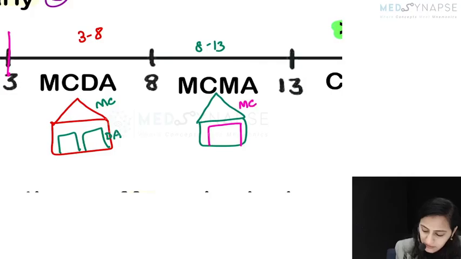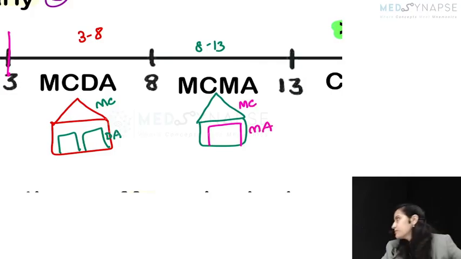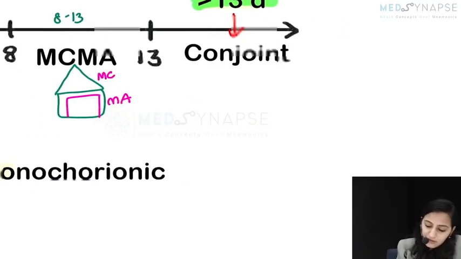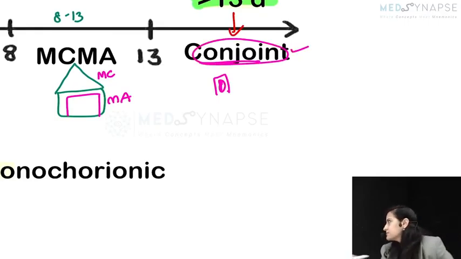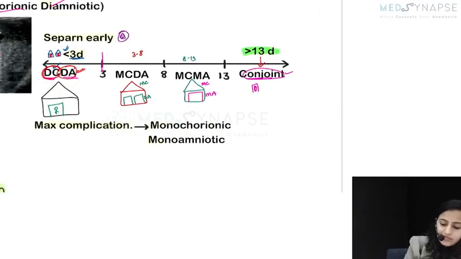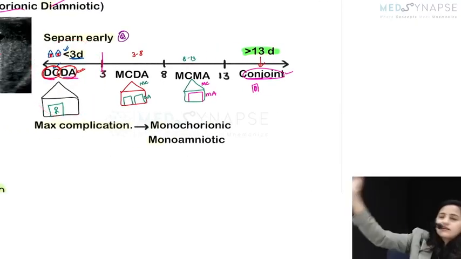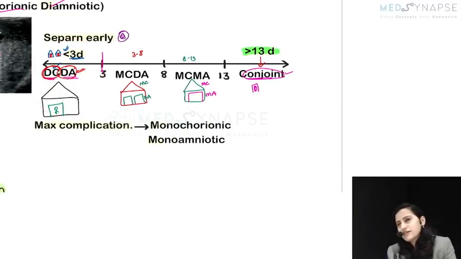So this is monochorionic, monoamniotic. उससे भी लेट किया तो अभी रूम भी एक है, बेड भी एक है, conjoined. Right, so remember that the earlier the separation, घर अलग अलग होगा, फिर घर एक होते जाएगा, फिर रूम एक होते जाएगा, फिर बेड भी एक हो जाएगा.